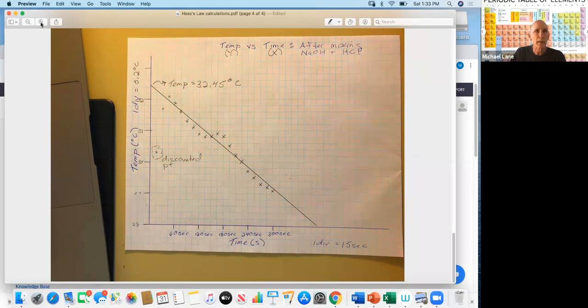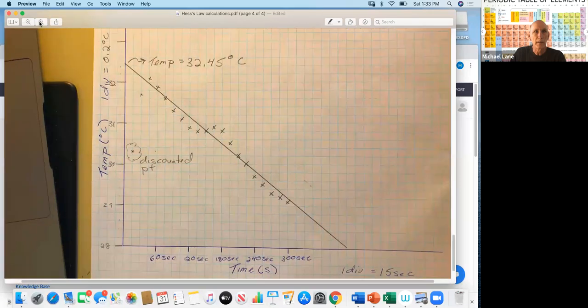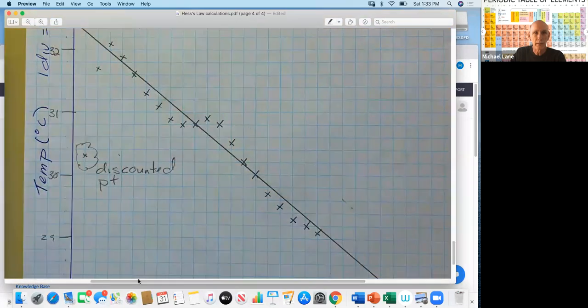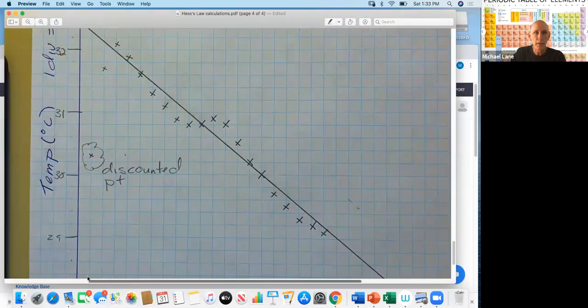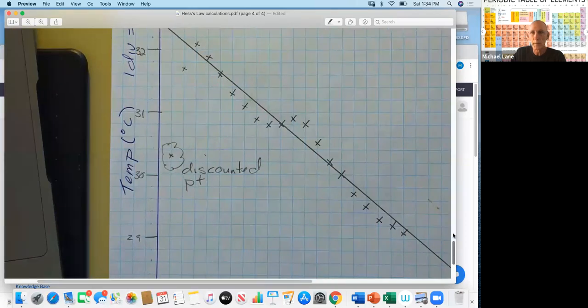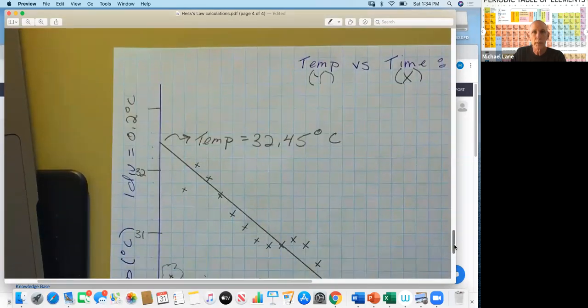And this is the level of precision that you should be using. Some of you were very sloppy in your previous one.